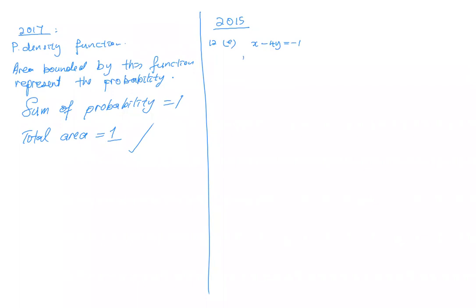So x equal to 0: 0 minus 4y equal to -1. Negative 4y equal to -1. So y equal to 1/4. Do you understand the meaning of y-intercept? That's it. Put x equal to 0 and get y.